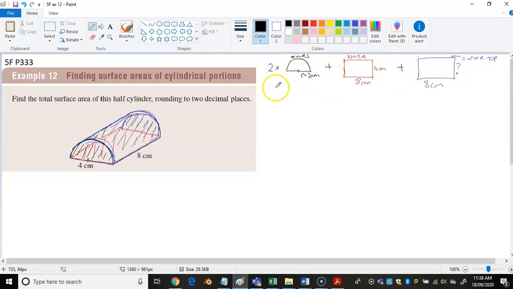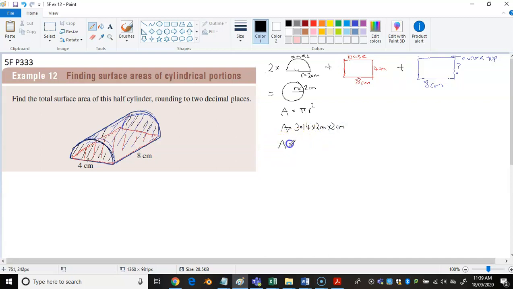So let's start with this one here. This is equal to the area of a circle, because I've got two half circles with a radius of 2 centimeters. So for this one, area equals pi r squared. Area equals 3.14 times 2 centimeters times 2 centimeters.